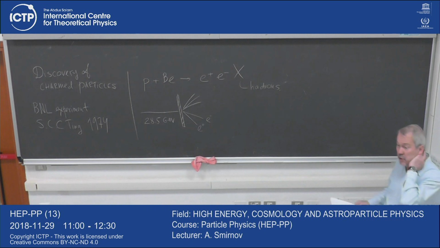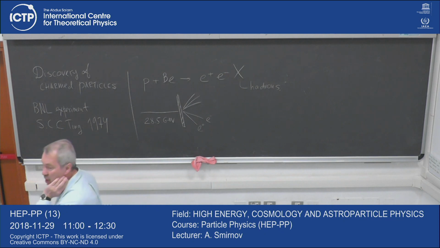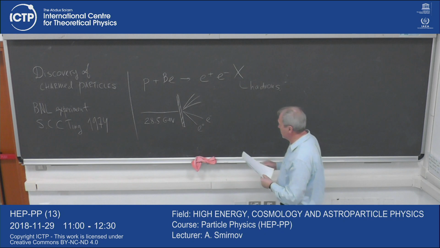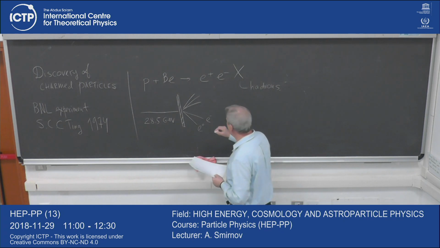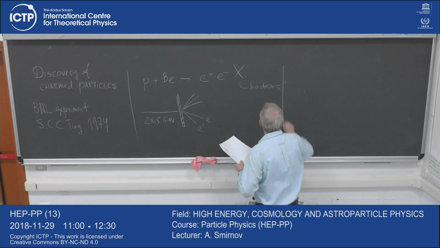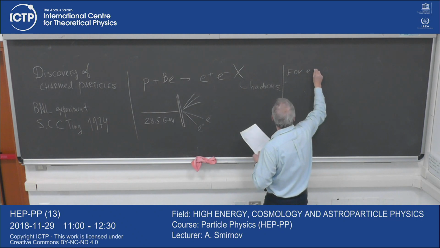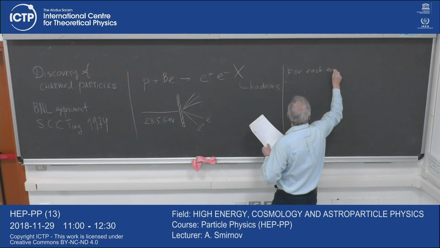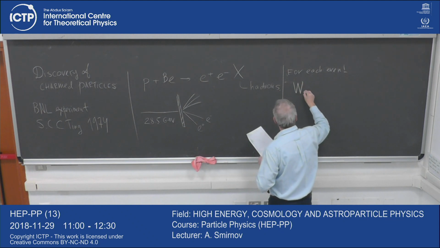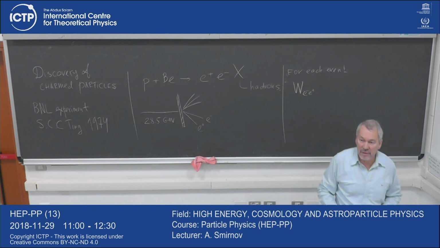And then he became suspicious that maybe these e plus and e minus are produced from decay of a unique particle. So he tried to test this. How to do this? You need to compute for each event, and he observed a number of events, the invariant mass of the pair e plus e minus, reconstructed.